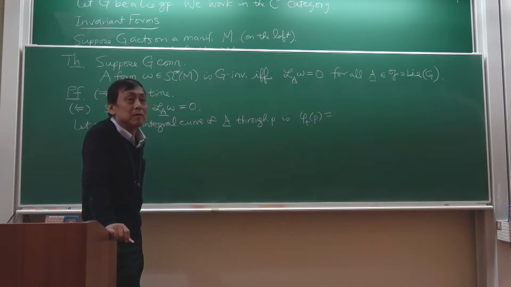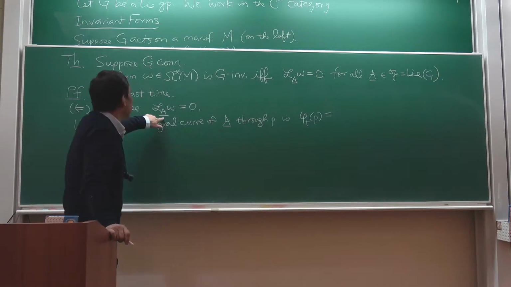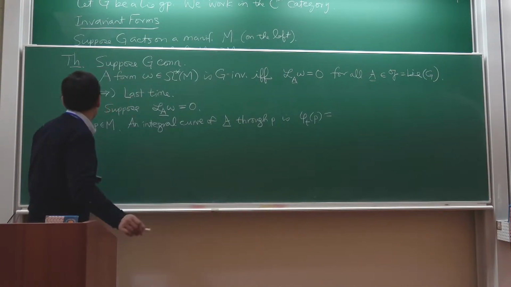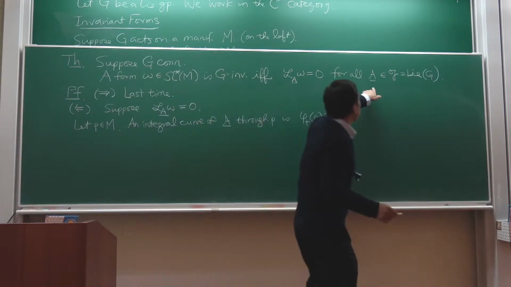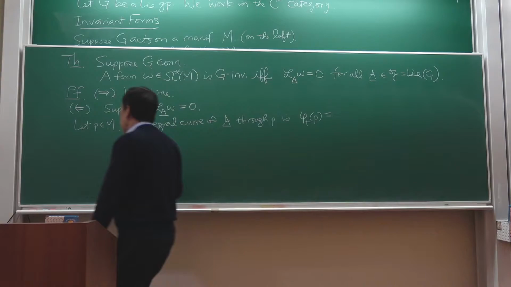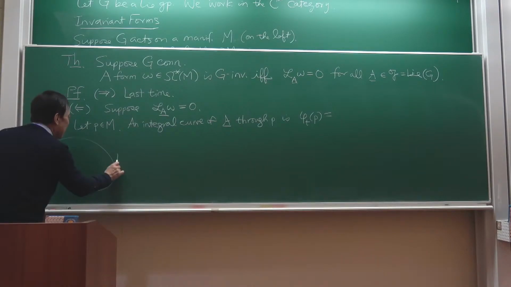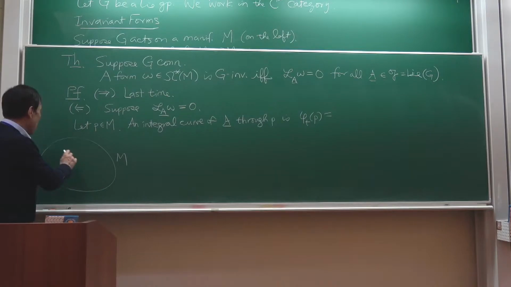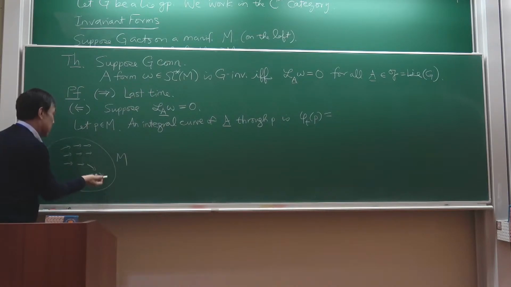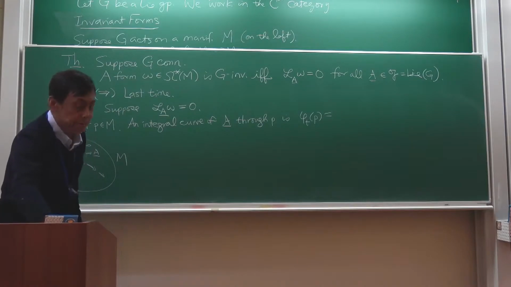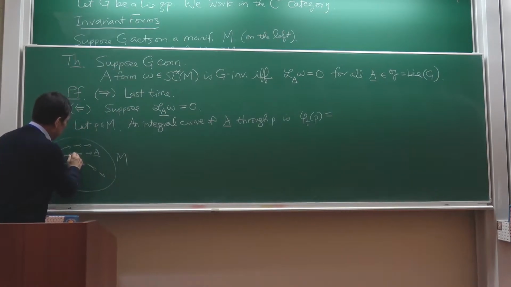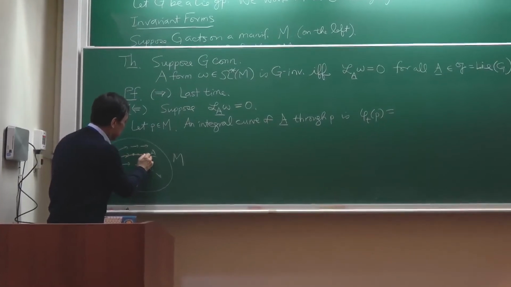What's an integral curve of this vector field? So A is an element of the Lie algebra, and on the manifold it is going to give you a vector field, which we call A bar, and through each point P you have an integral curve. Okay?